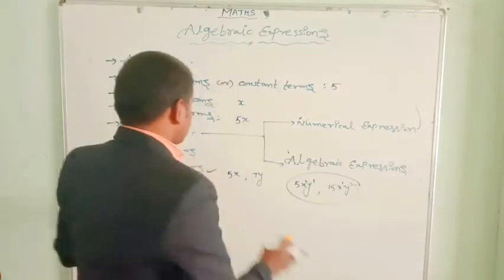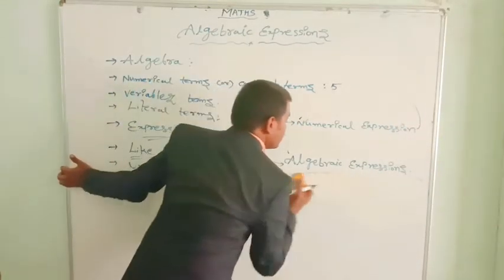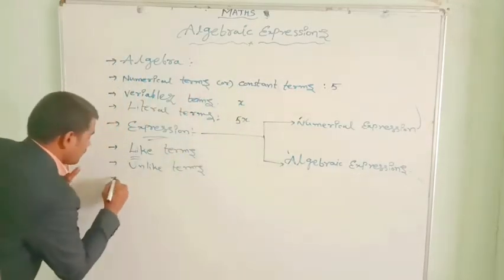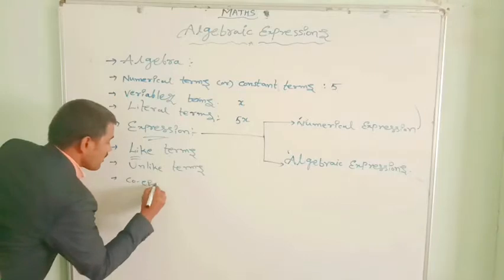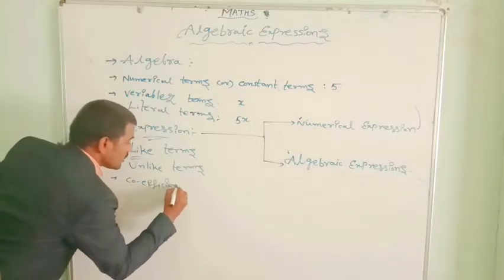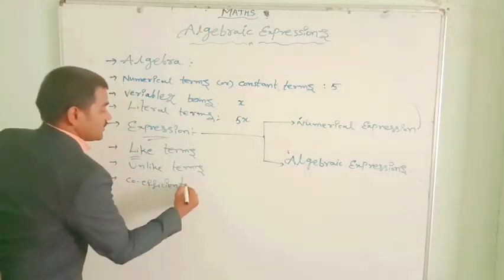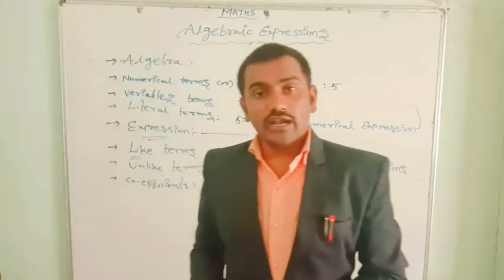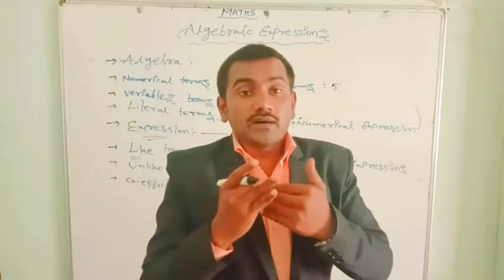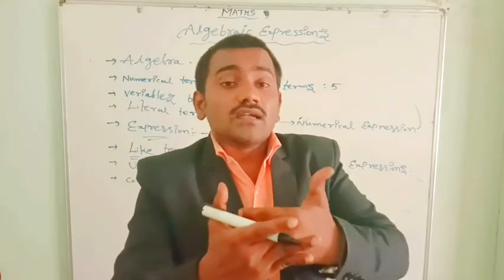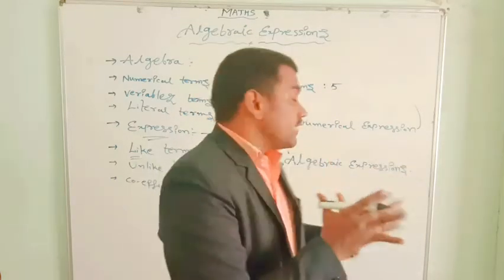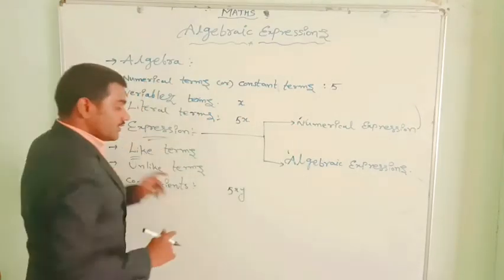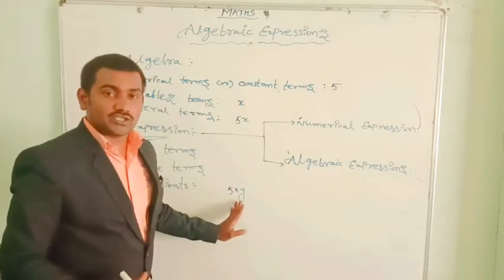Okay, next, we know about coefficients. What is the meaning of coefficients? Let's know that a coefficient is nothing but the multiplying term with the expression. Suppose we have 5xy. For example, let's take 5xy.